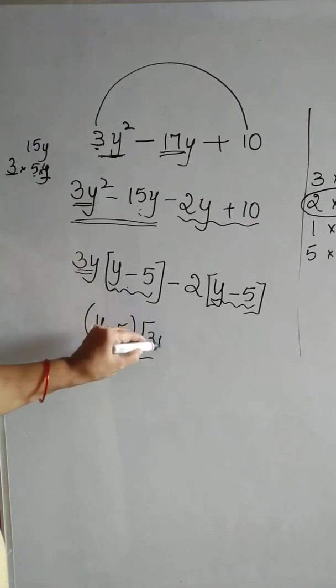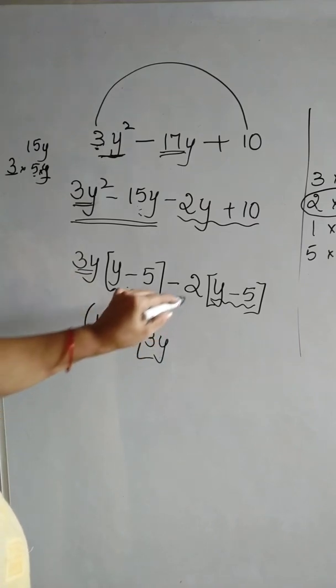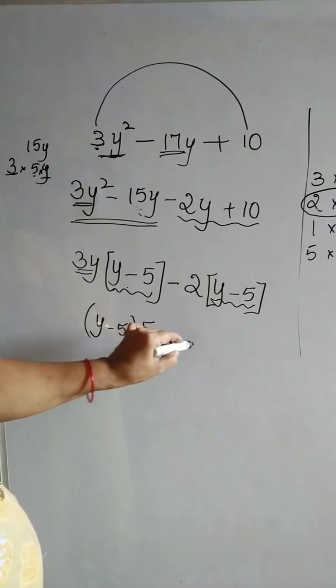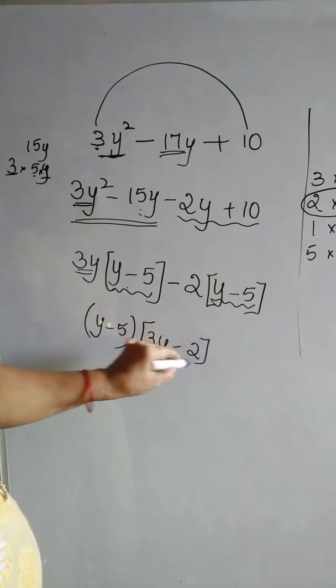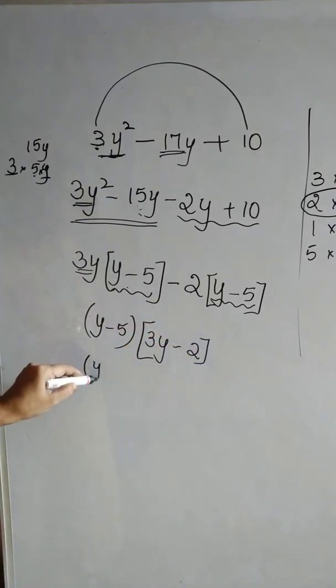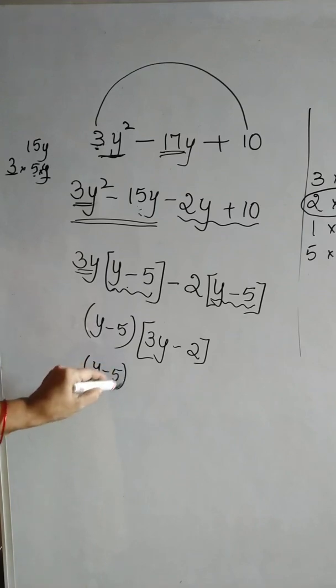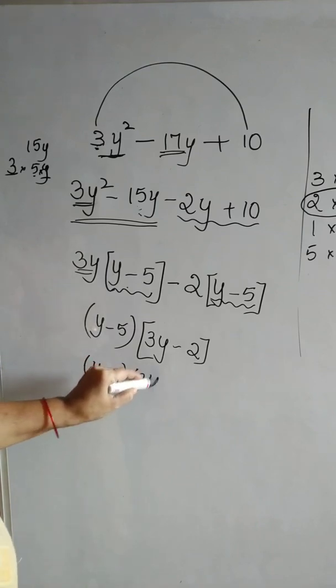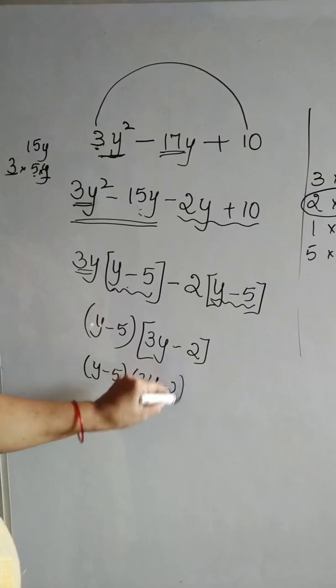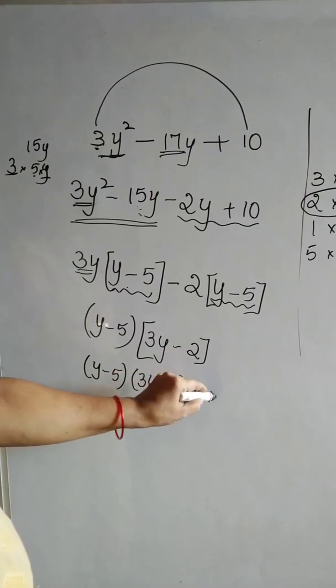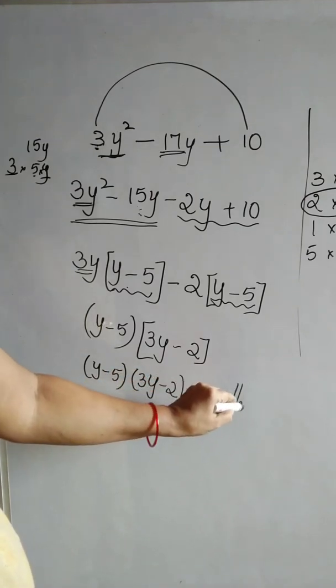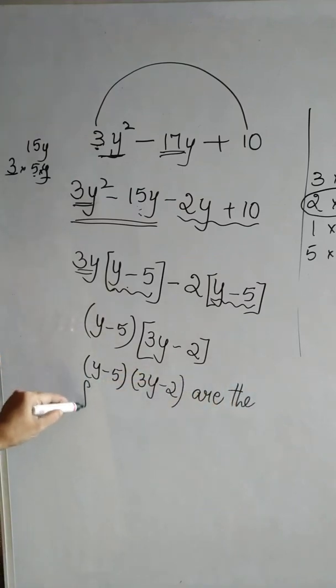So we write here 3y. And here, the extra is minus 2. So we write minus 2. So the factors of the given expression are y minus 5 and 3y minus 2.